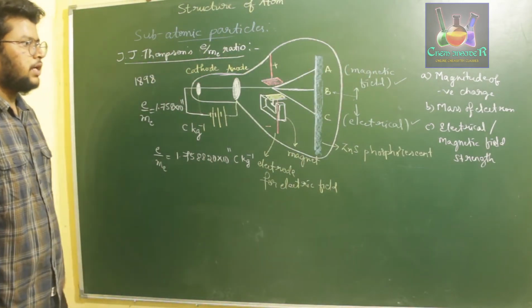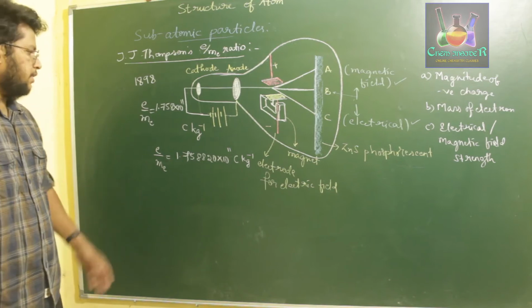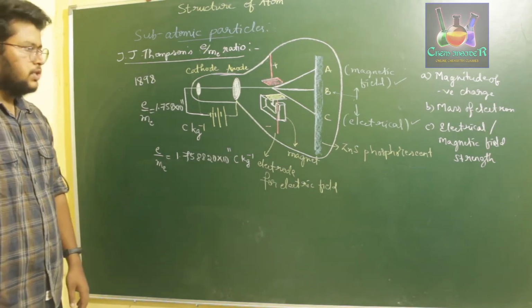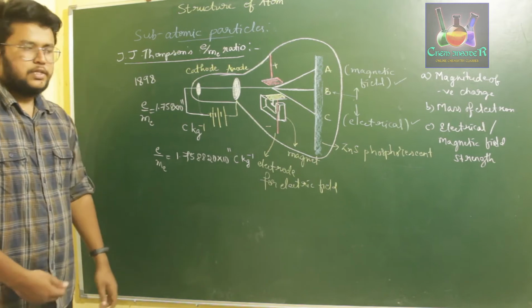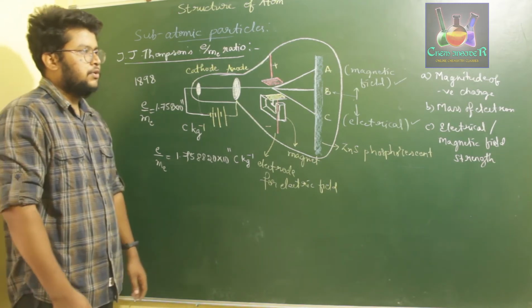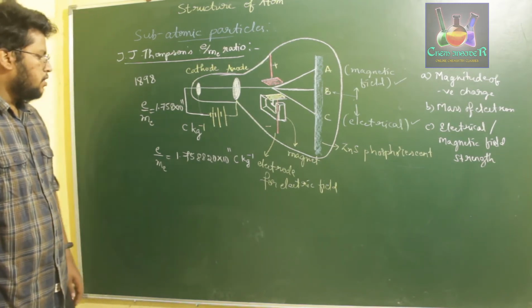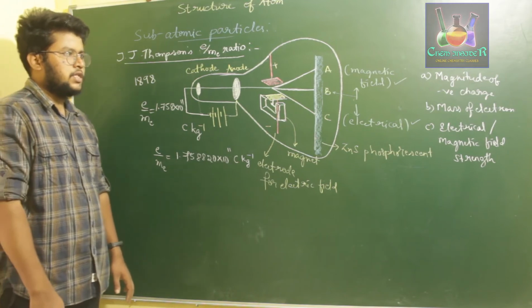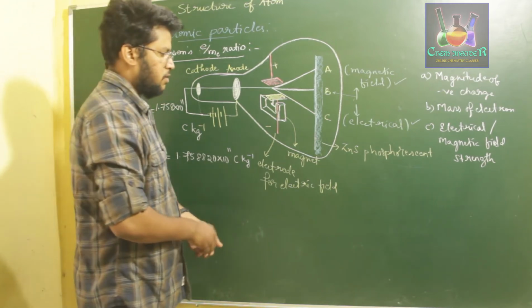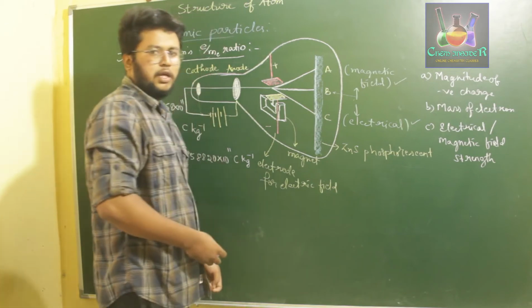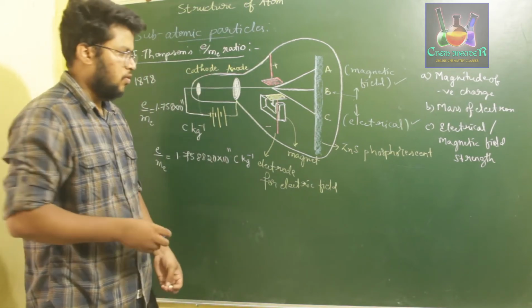Now, how did he explain that those three factors are related with the charge to mass ratio, which he determined using this experimental setup? The first one is the magnitude of the charge. Magnitude is the non-negative value of a given physical quantity.